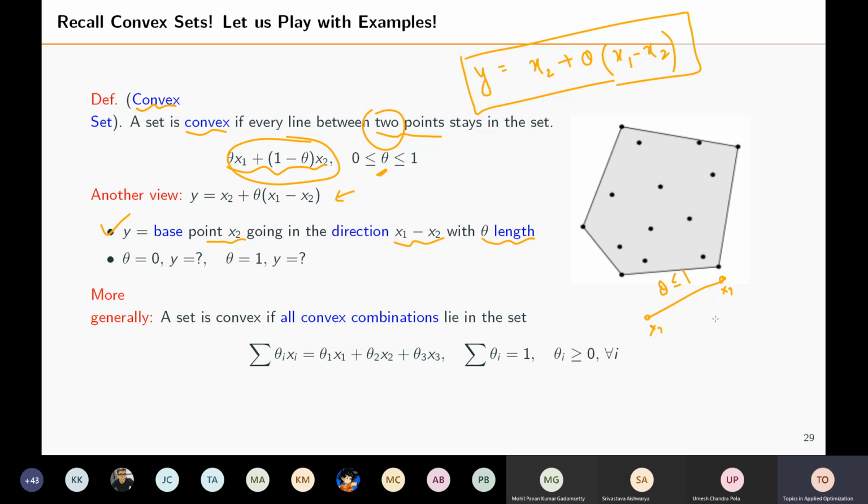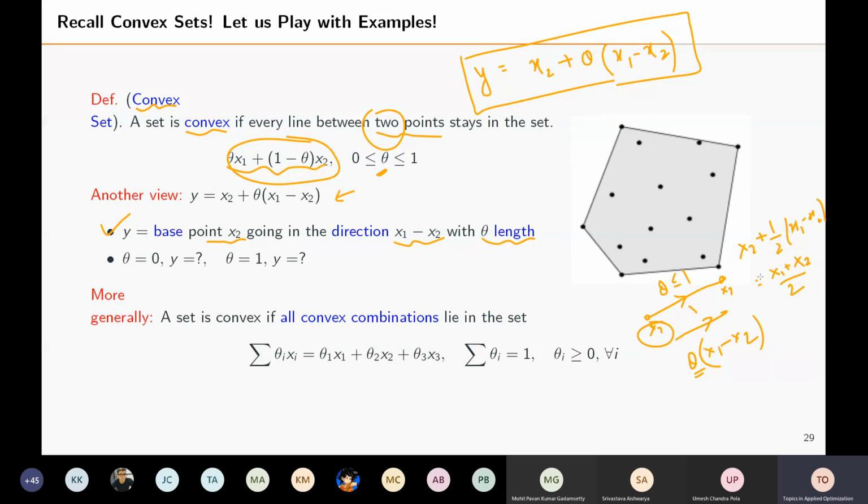How far you go is the theta length. If you go half, you will be at x2 plus half of (x1 minus x2), which is (x1 plus x2) by 2, the midpoint between the two points.